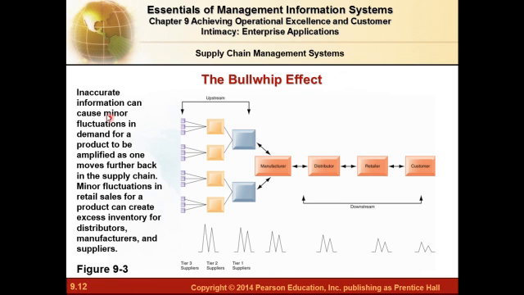Inaccurate information can cause minor fluctuations in demand for a product to be amplified as one moves further back in the supply chain. Minor fluctuations in retail sales for a product can create excess inventory for distributors, manufacturers, and suppliers. This is the bullwhip effect.